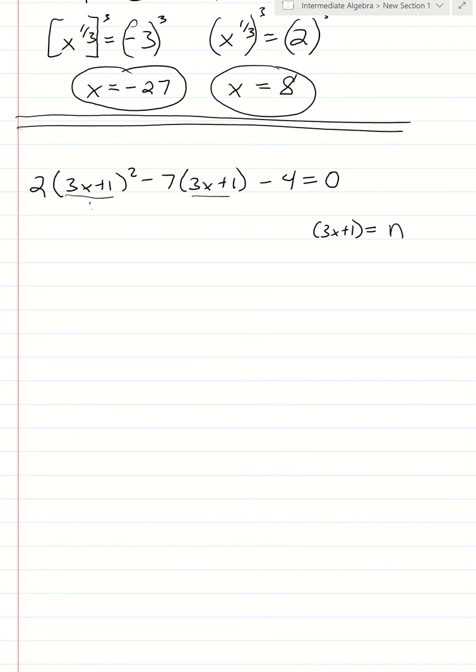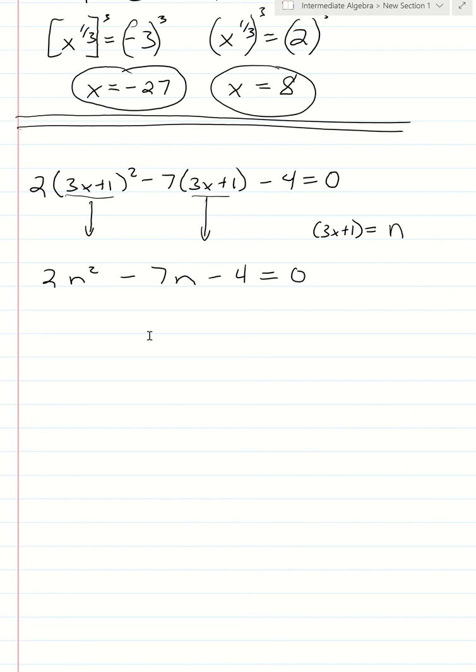And so this first term, instead of 2 times 3x plus 1 squared, would now just become 2 times n squared. This second term, instead of negative 7 times the 3x plus 1, would simply become minus 7n. Minus 4 equals 0.